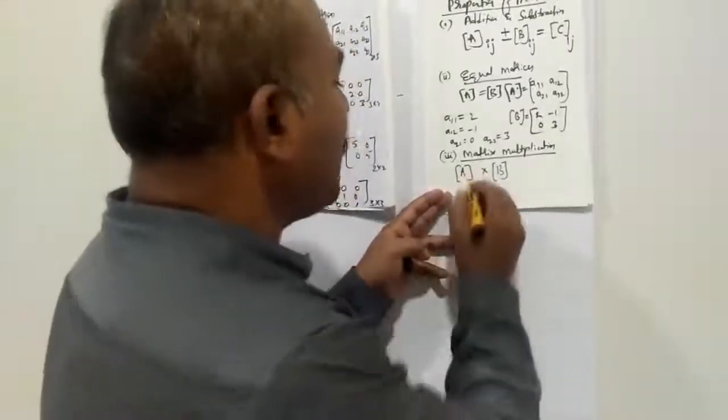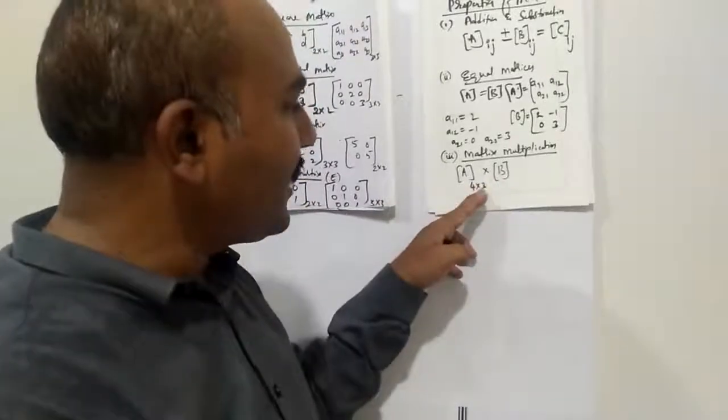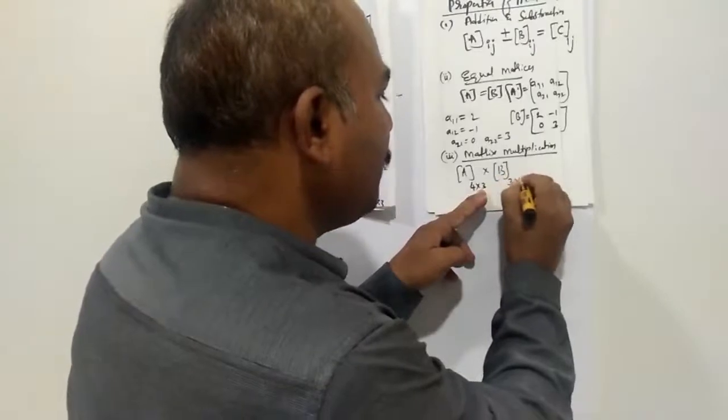For example, A is a matrix of the order 4 into 3, with 4 rows and 3 columns, and B is a matrix of the order 3 into 2.